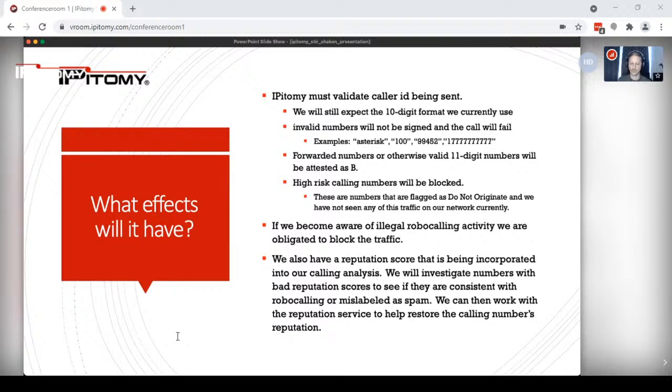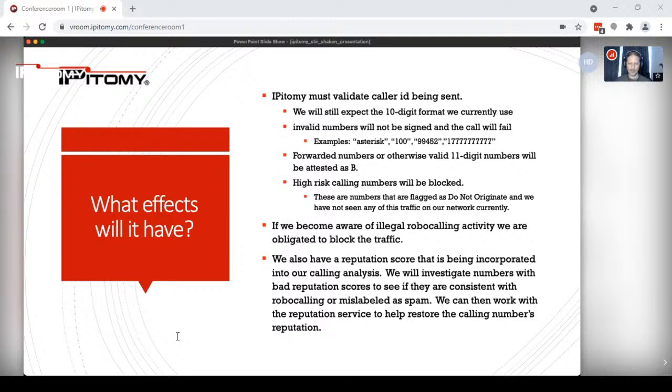It's also based on numbers that are known to be bad, like there's an FCC database that's incorporated in there. Essentially, if we find there are a lot of calls going out with what's considered a bad reputation, to us it means that if there is any spam filtering on the far end, you're likely to be blocked. And spam filtering is now something that the FCC requires that people allow.